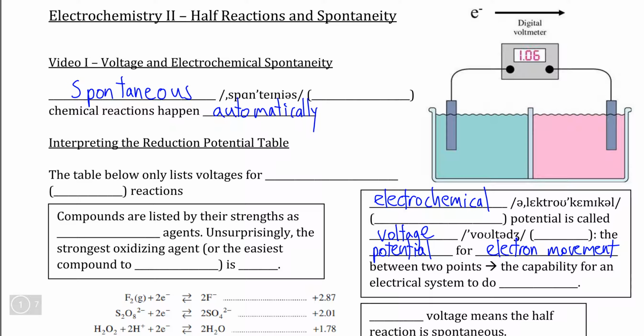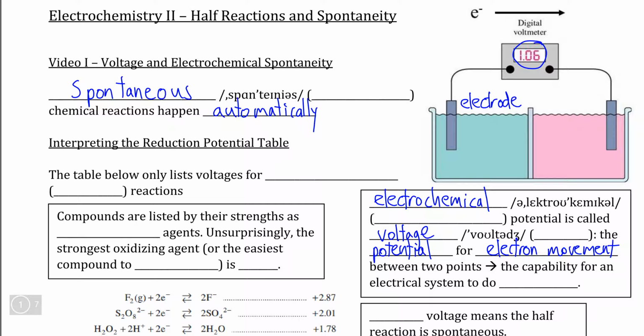In future episodes, when we learn about the structure of an electrochemical system, we'll learn that the origins of electricity are what we call electrodes, and if the movement of electrons from one electrode to the other is done more easily, then it has a higher electrochemical potential and therefore a higher voltage.